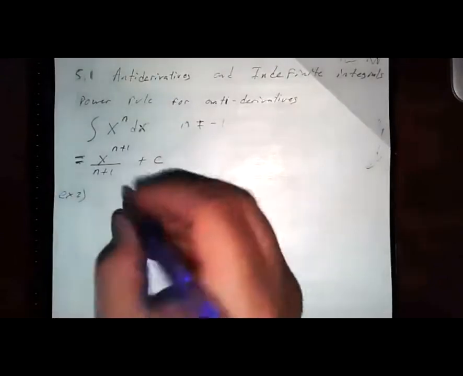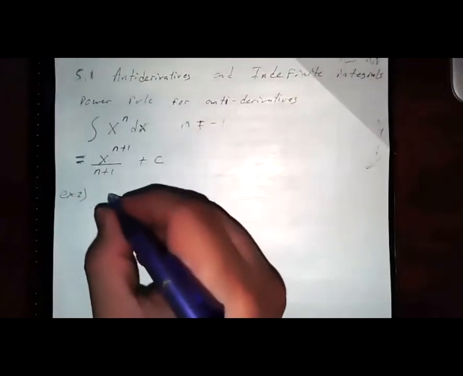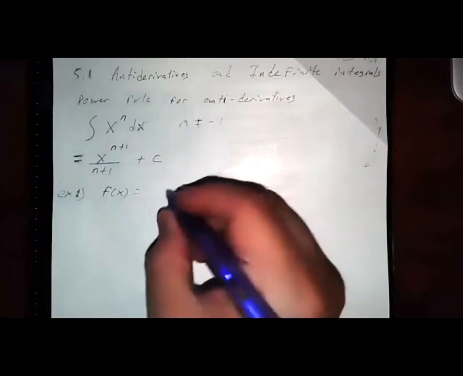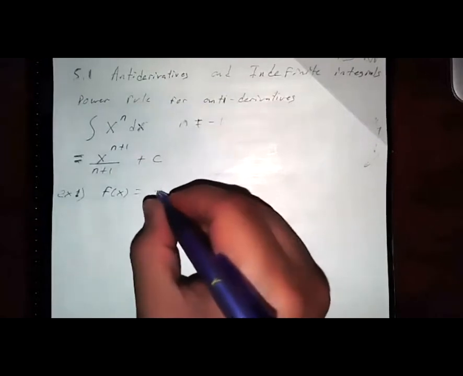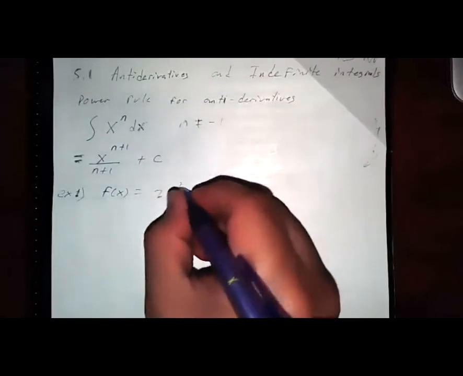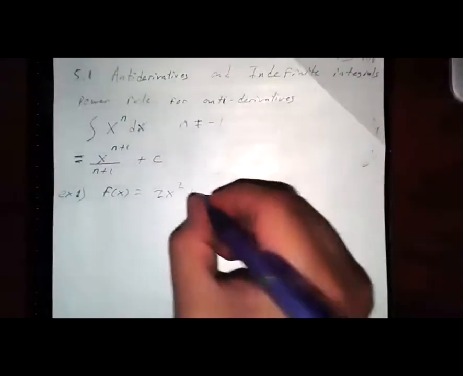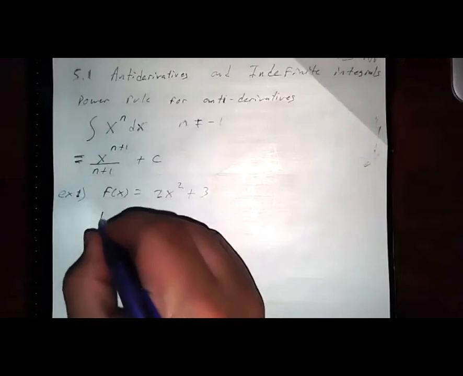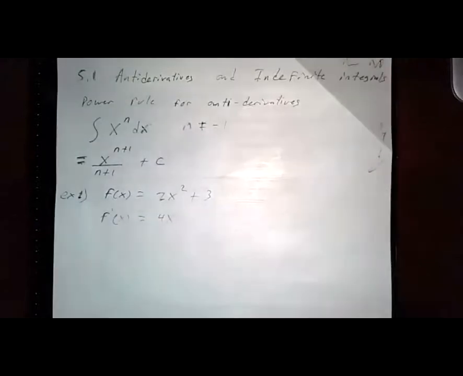So for example, example 1, let's say f of x is equal to 2x squared plus 3. We know that the derivative is going to be equal to 4x.